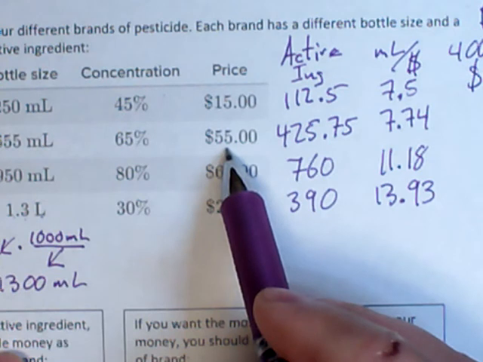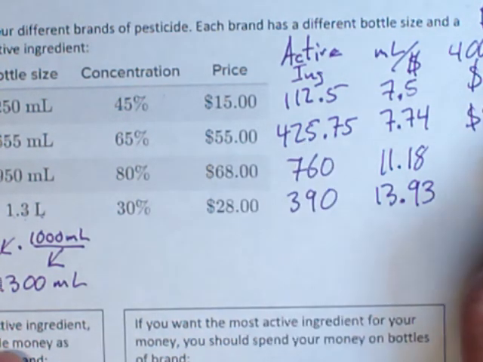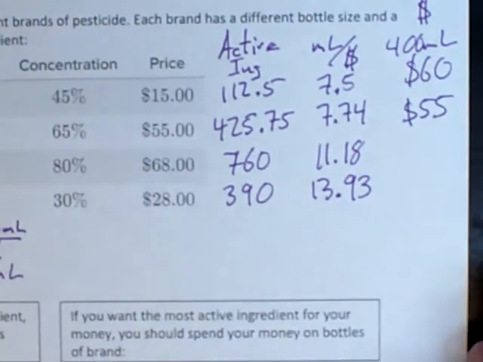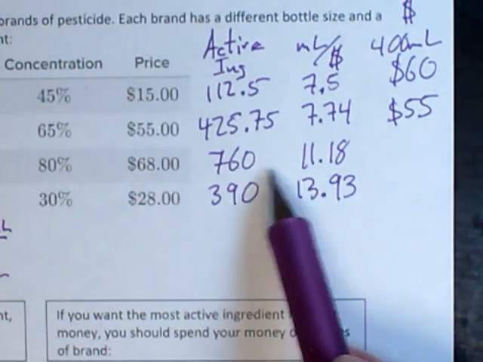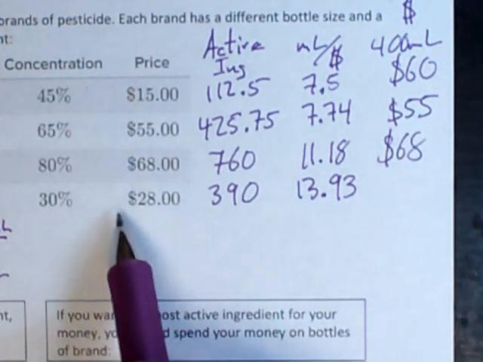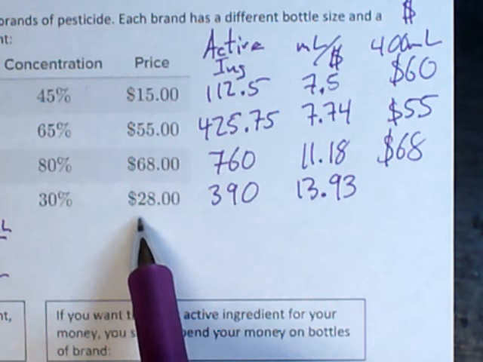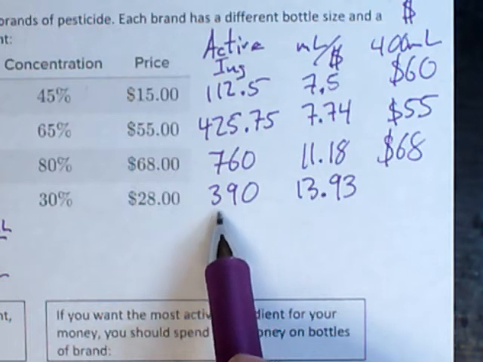For this one, we could just buy the bottle and we have enough, so that's $55. This one here, if we buy the bottle, we get enough, but that's $68. This one is 10 milliliters below what we need, so we would have to buy 2 of these.